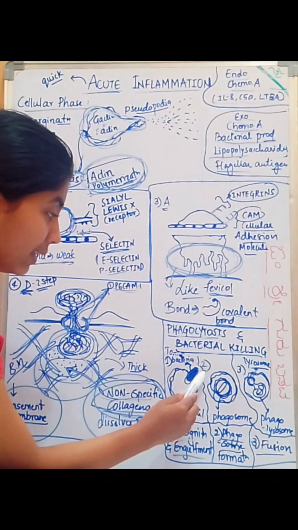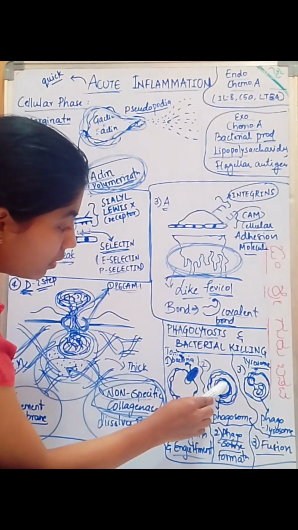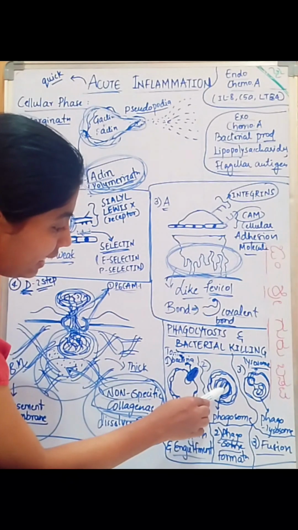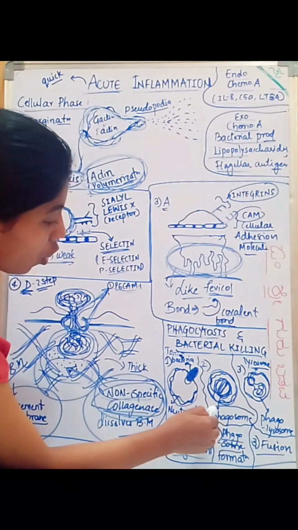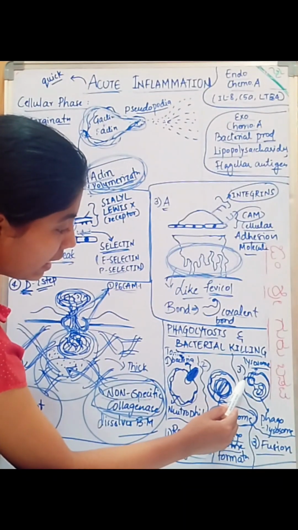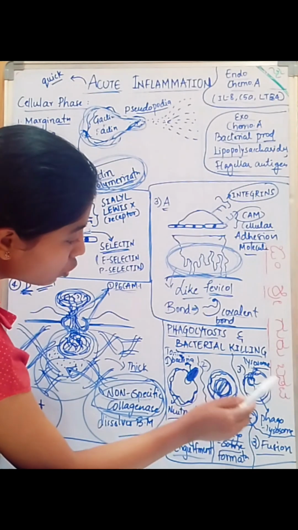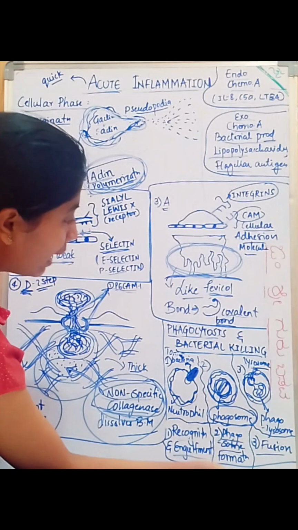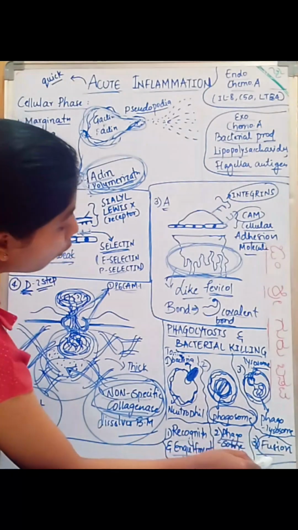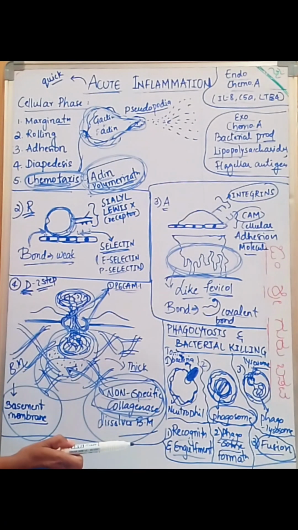And here, the toxic bacteria is inside the neutrophil now. This is called the phagosome. Next, as you can see in this diagram, the neutrophil has lysosome as well as phagolysosome. So this is the fusion step. So this is all about the phagocytosis and the bacterial killing.